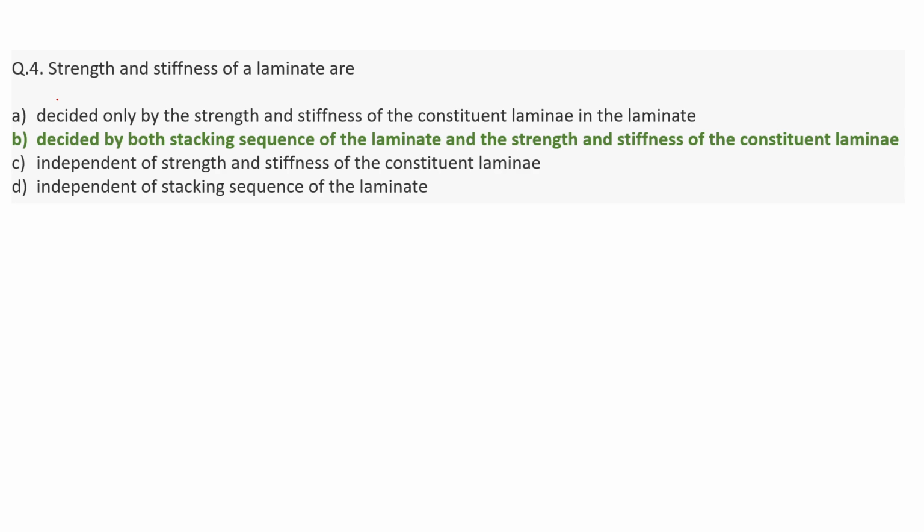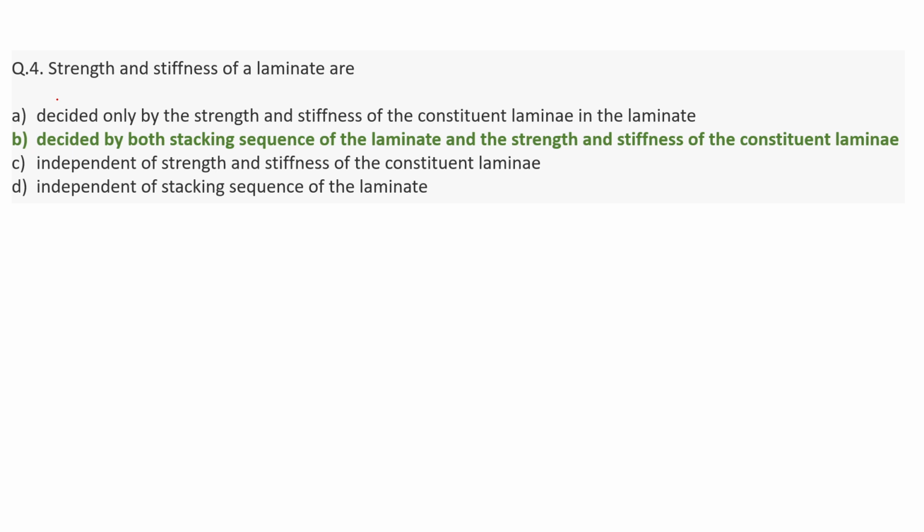Suppose you are using zero laminas for many stacks, like 5 zero laminas, making a laminate. In longitudinal there will be high strength, but in transverse there will be low. But if you use an angled one like 45 degrees in the middle, then there will be higher strength toward the transverse also.